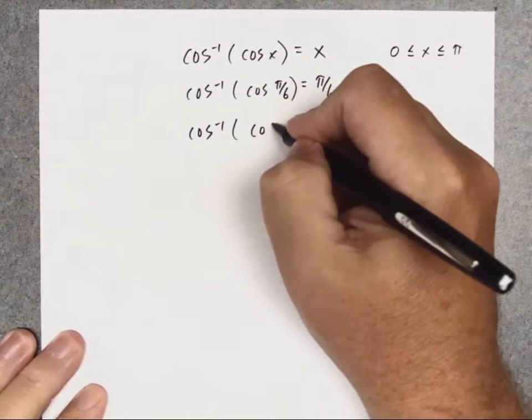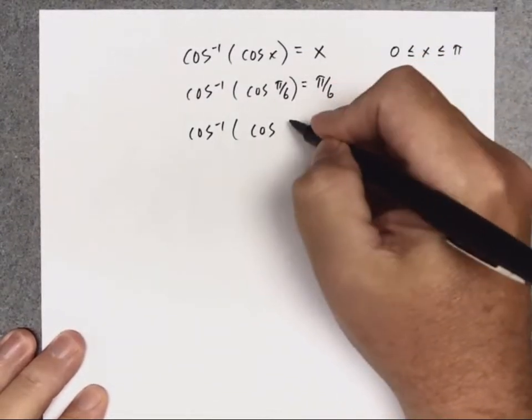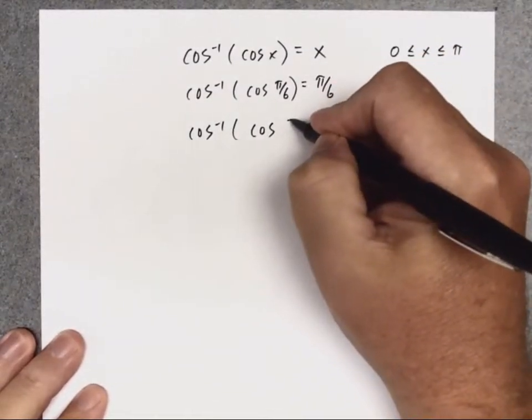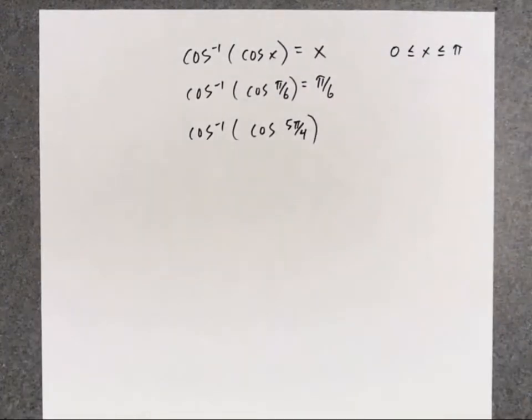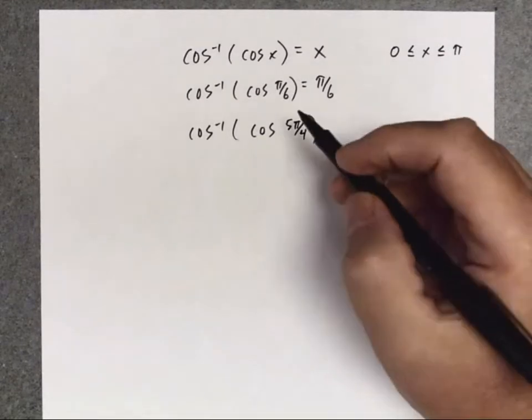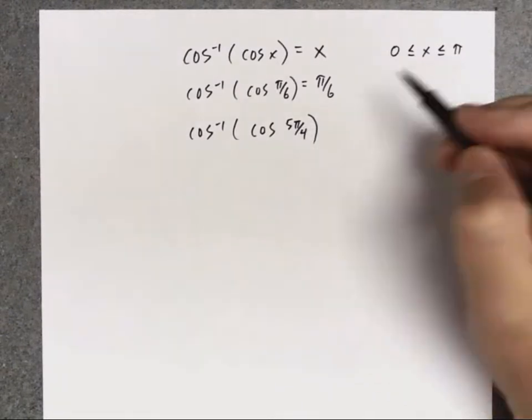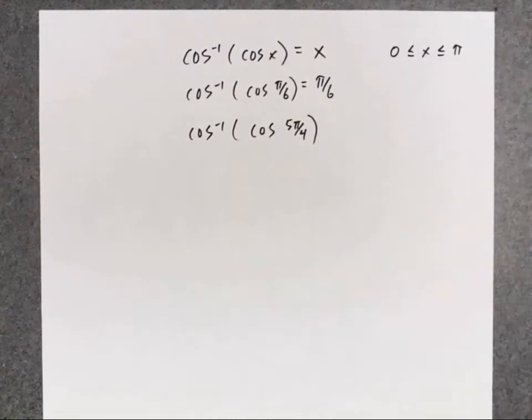What if I say the inverse cosine of the cosine of 5 pi over 4? Once again, cancellation rules make life easy. Can I use it here? If I go check, 5 pi over 4 is not within 0 to pi.